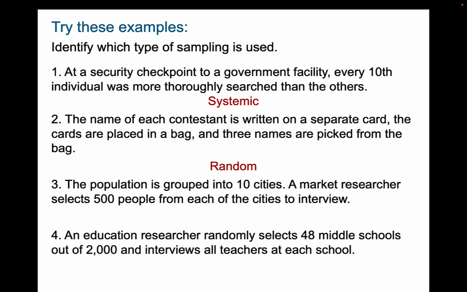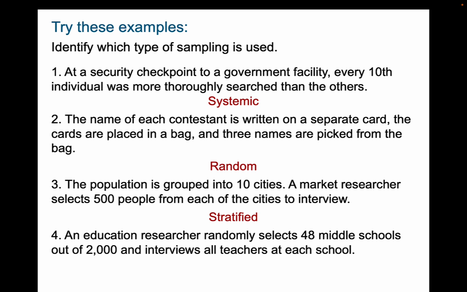So we're doing some grouping. So I hope you're thinking stratified or clustered. Grouping into 10 cities, we're either stratified or clustered. Now, as we go on, a market researcher selects 500 people from each of the cities. That makes it stratified. They went to each of the 10 cities and talked to 500 people. That makes it a stratified sampling method.